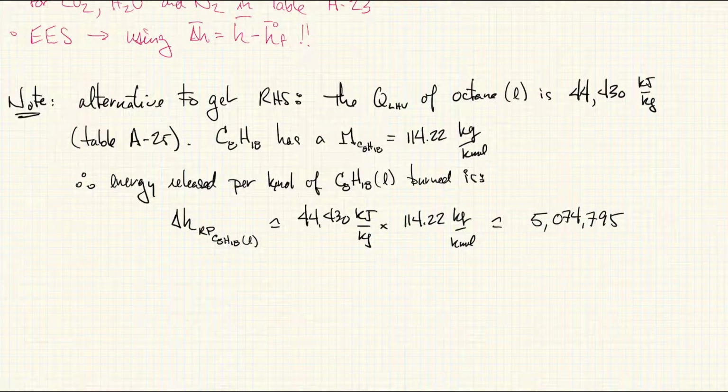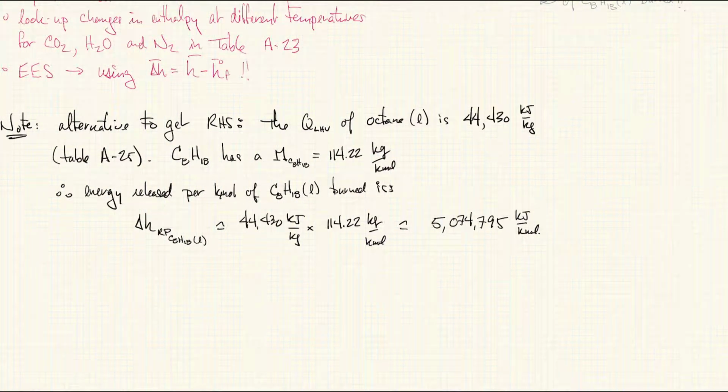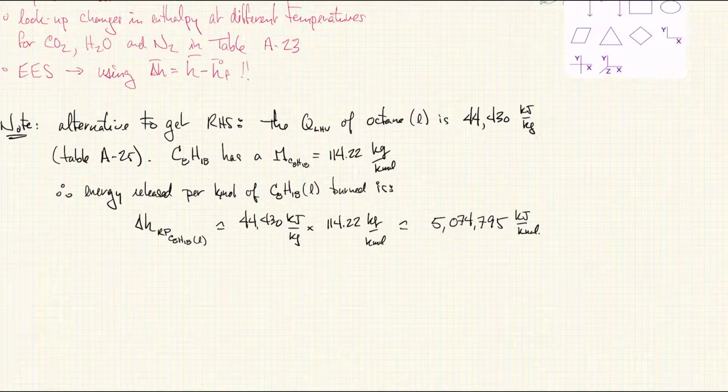So that gives us a change in enthalpy of combustion of 5,074,795 kilojoules per kmol. Wow, that's really close to what we did with our enthalpy of formation analysis up there, isn't it? In fact, it's well within 1%.